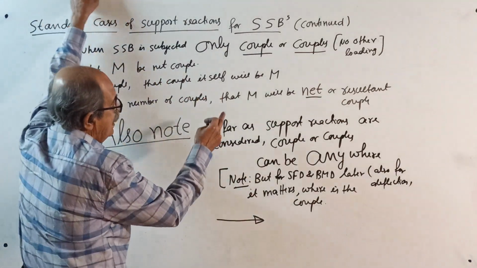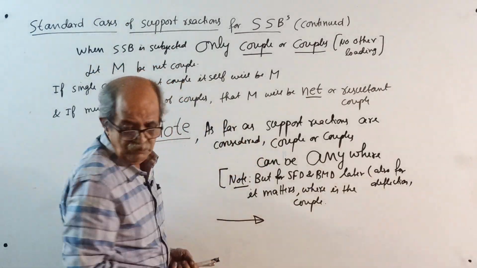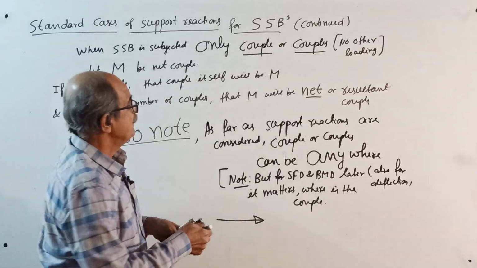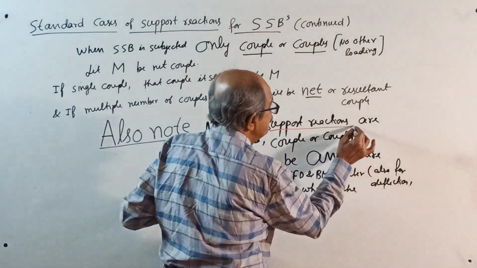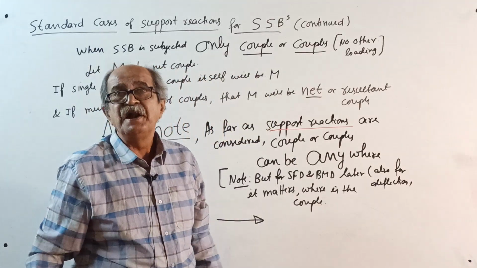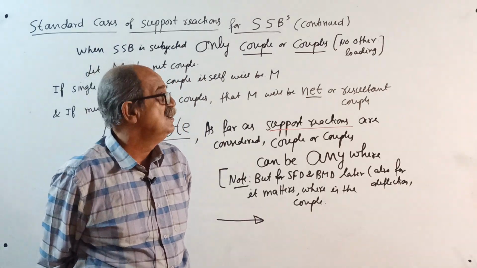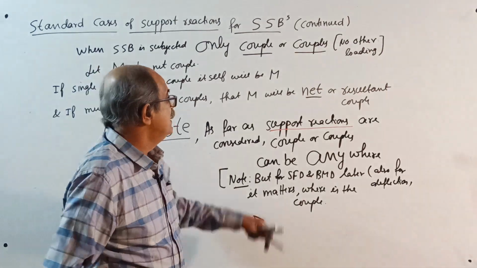Also note, very important, as far as support reactions are considered for a simply supported beam, that is, for a determinate structure. It is not valid for indeterminate structures; I will tell you later.